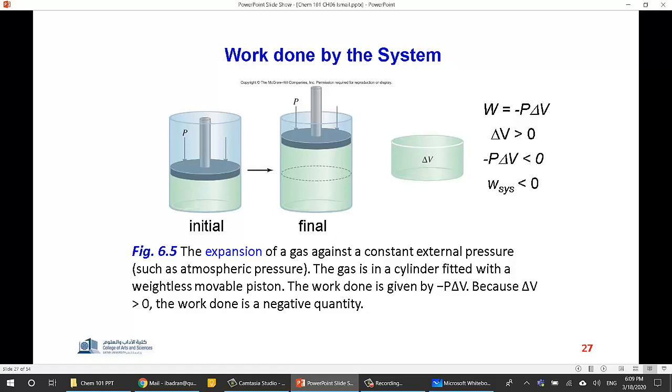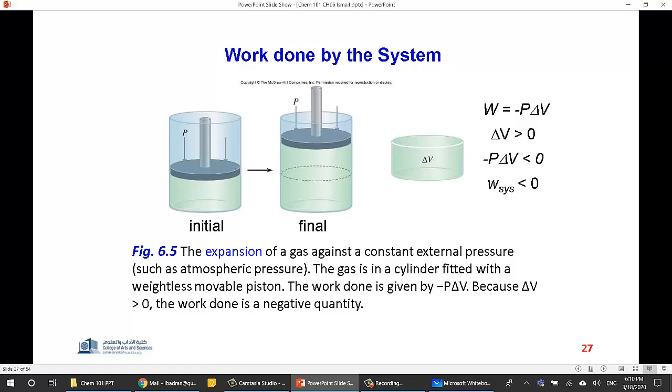Now imagine this is expansion. Imagine this is happening in reverse. You can draw these figures again, or actually you can just replace the words final and initial. So for compression, if you want to reduce the gas's volume, you start with a big volume and reduce it to a small volume. In this case, delta V is negative, because delta V is a small number minus a big number.